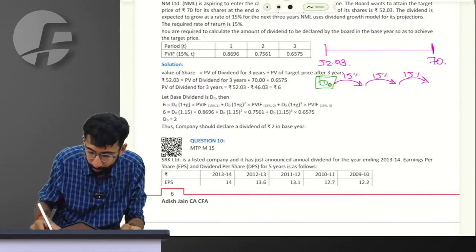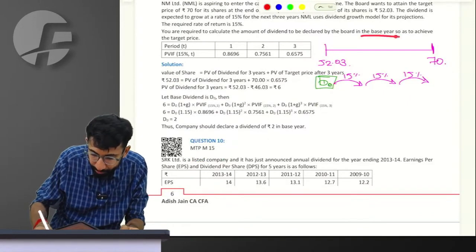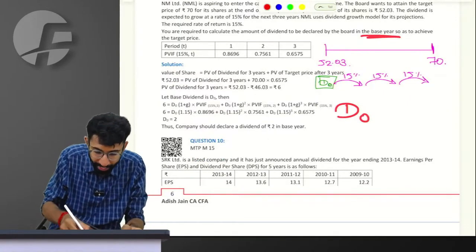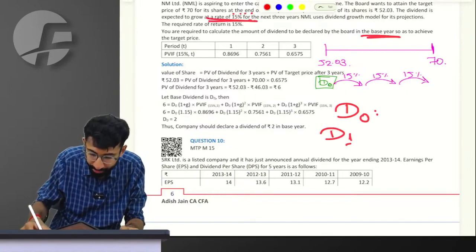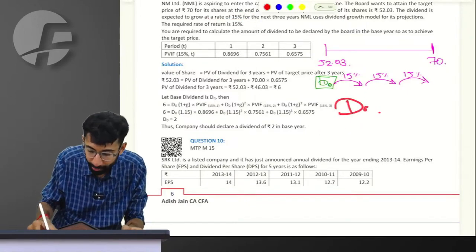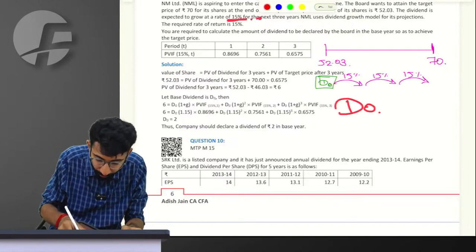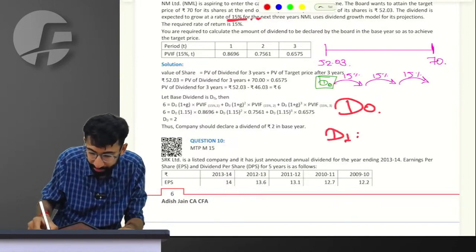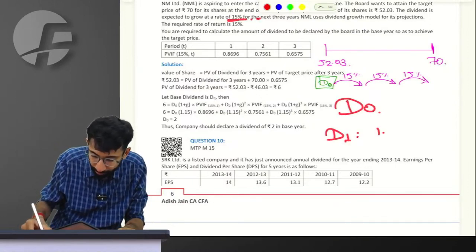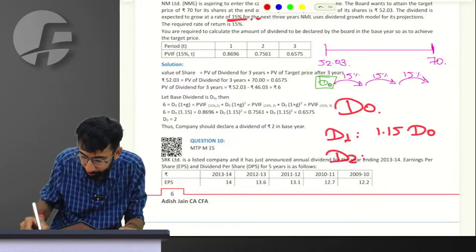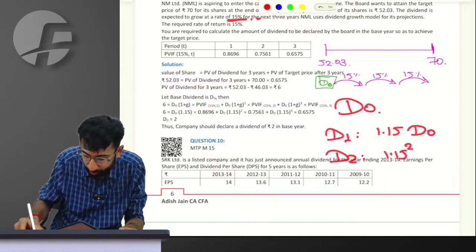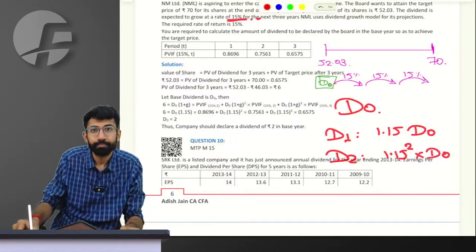If I assume the base year dividend to be D0 and I know that dividend will grow by 15%, then can I say D1 will be 1.15 into D0? D2 will be 1.15 square into D0, right?